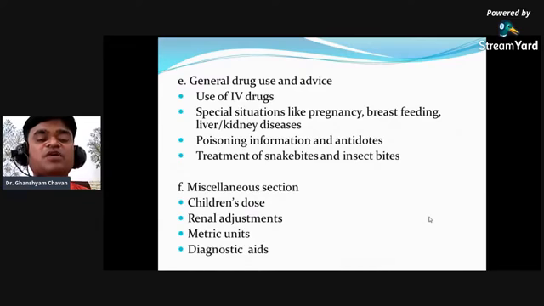And in case of liver or kidney disease, one should keep in mind that if the patient has kidney disease, the drug should be controlled.